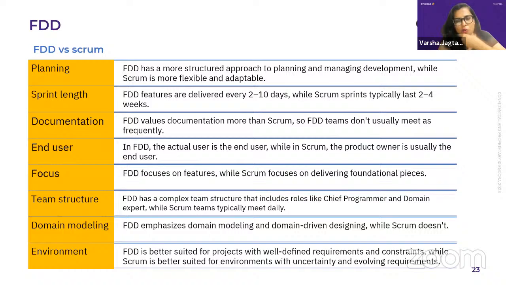It doesn't even talk about it. It doesn't matter what you have done before doing Scrum. It doesn't give you very detailed direction on how you should proceed with domain modeling. Environment. FDD is better suited for projects with well-defined requirements and constraints, while Scrum is better suited for environments with uncertainty and evolving requirements.